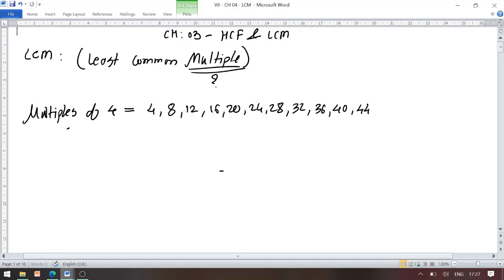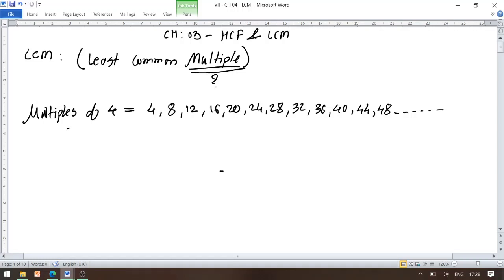Next we have 44, 4 twelves are 48, and so on up to infinity. So to write the multiples of 4, we have to multiply 4 by 1, by 2, by 3, by 4. That means we have to write the table of 4.